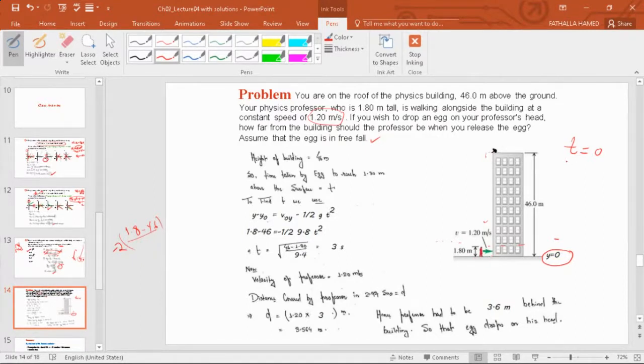So at this point here, your y initial will be 46 meters. And the head of the professor here is 1.8 meters. So the egg should fall on his head. So I'm looking at y initial, which is equal to 46 meters here, and the final y is equal to 1.8 meters.